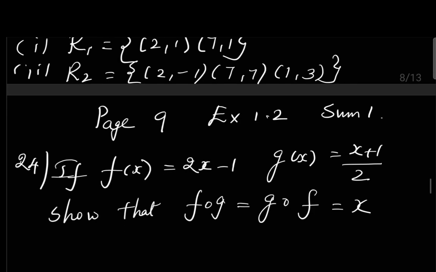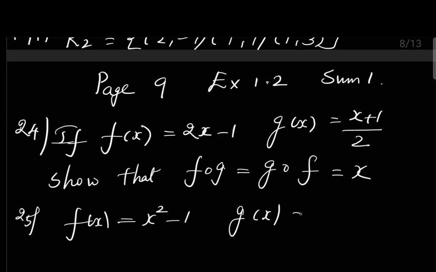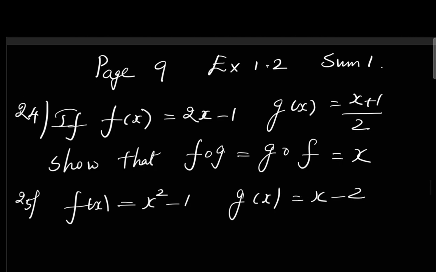See the last sum. If f of x is 2x minus 1, g of x is (x plus 1) by 2, show that f dot g equal to g dot f is equal to x. And one more sum, 25th one. f of x is x square minus 1, g of x is x minus 2.